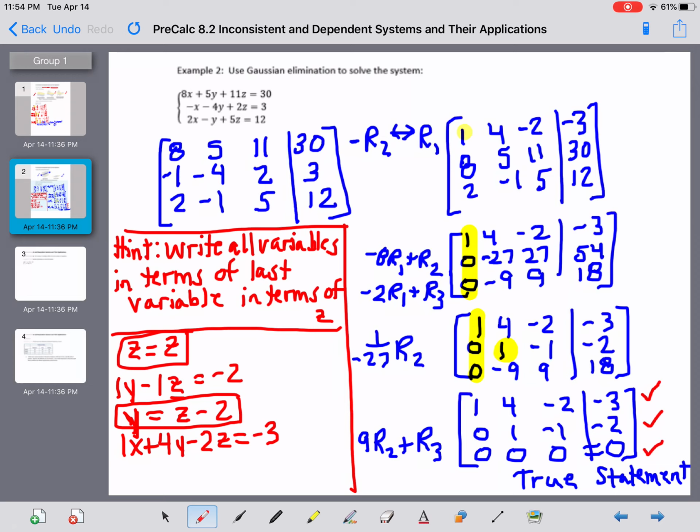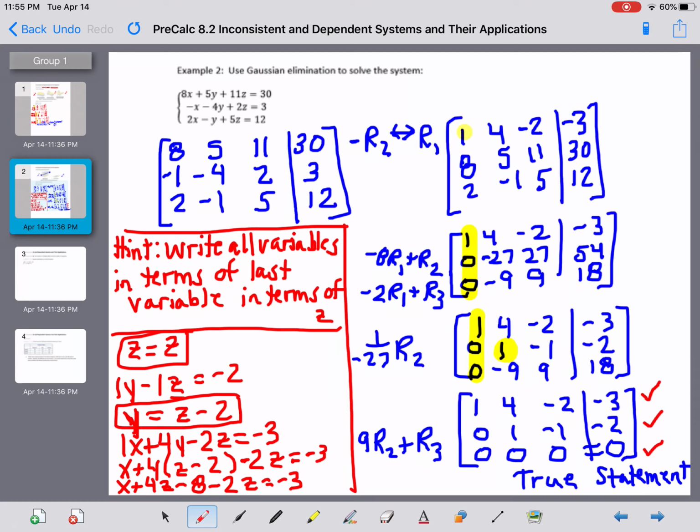I can't replace that, but I can replace my y. So I'm going to leave this x plus 4. In for y I'm going to put z minus 2. In for z I'm just doing z, so I leave it z. And I'm going to simplify this until I get x by itself, all in terms of z. Distributing my 4, I get x plus 4z minus 8 minus 2z equals negative 3.